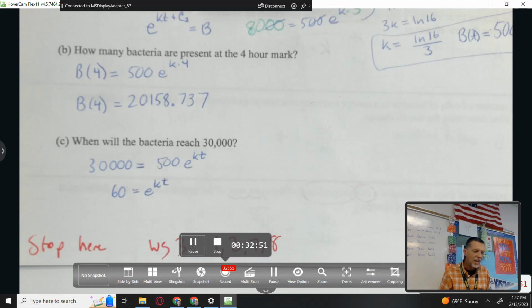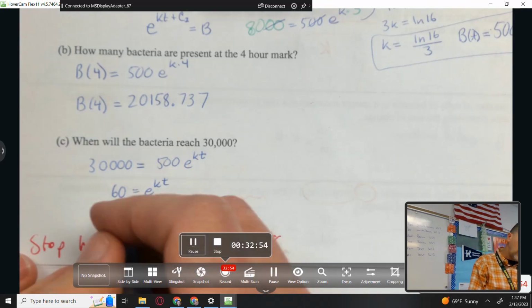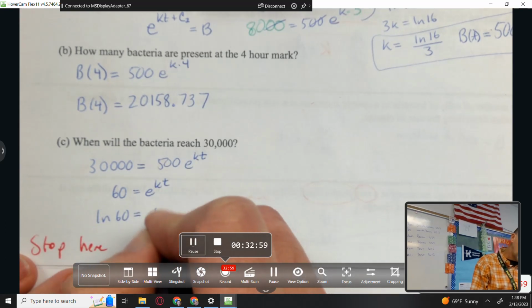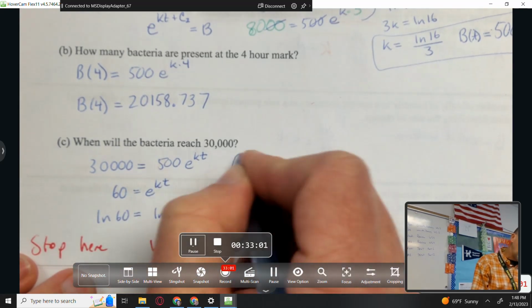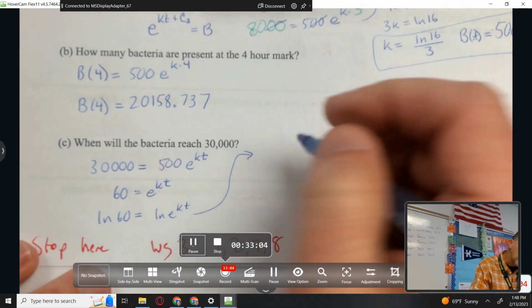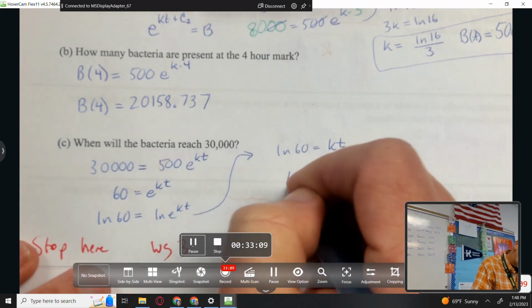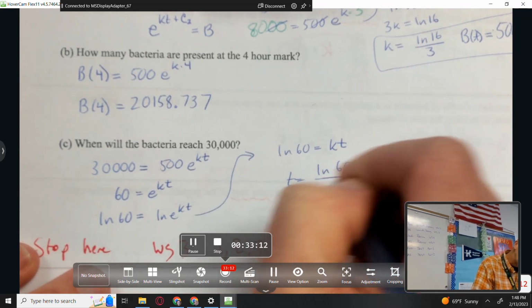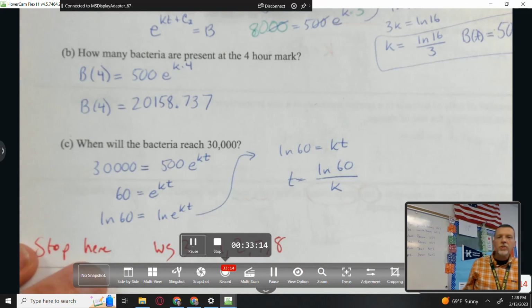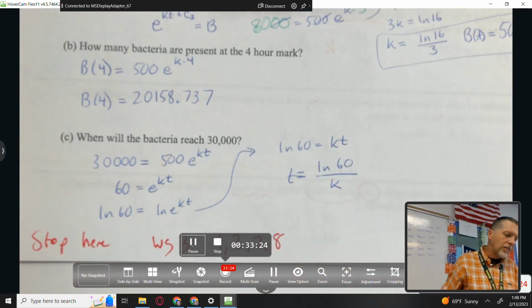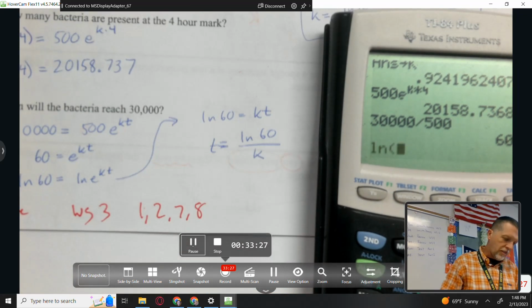I think I'm going to keep going with an algebra approach and natural log both sides. We've already used natural log and e 3 or 4 times. It started out really ugly, but it reduced to natural log of 60 over k. I guess that's still kind of ugly, because k itself is ugly. But you could just plug it in the calculator. I've got k in the calculator, so natural log 60 divided by k.